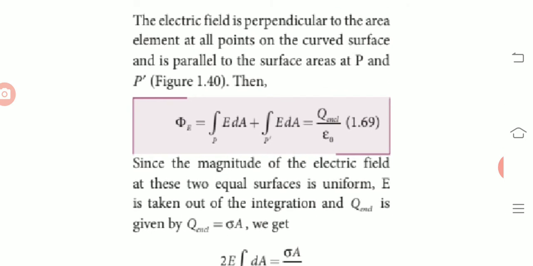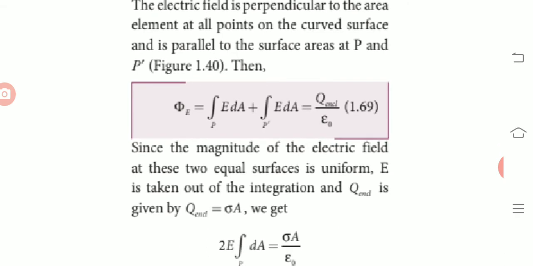Since the magnitude of the electric field at these two equal surfaces is uniform, E is taken out of the integration, and Q enclosed is given by Q enclosed equal to sigma into A.